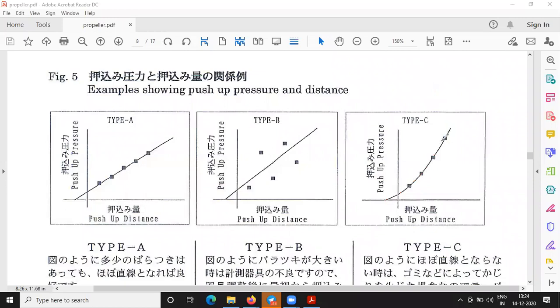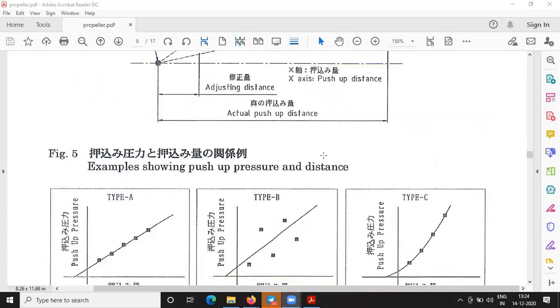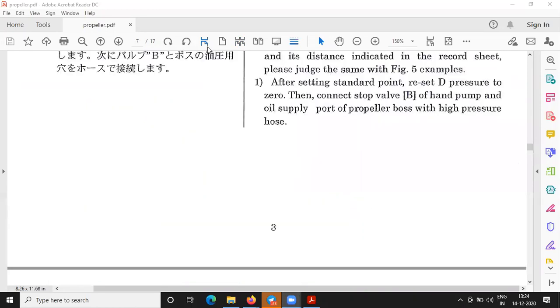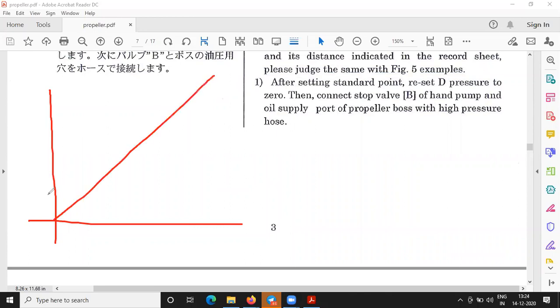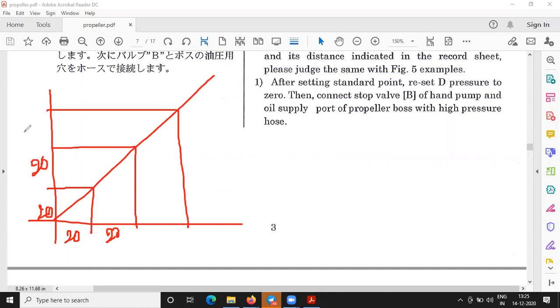So if the curve is like this, then what is holding it from moving forward? You understood that last graph? I want to draw the last graph again. Okay, linear graph: the push-up distance is the same as that of the movement. If you are giving 20, it will move 20. If you are giving 40, it will move again 20, 20, 20.